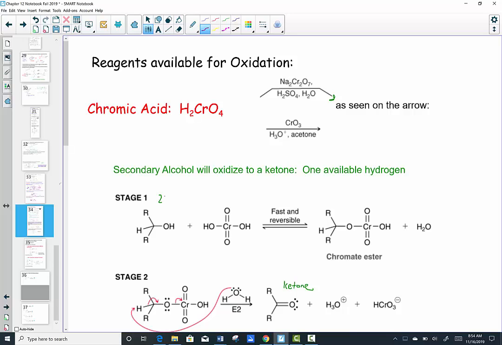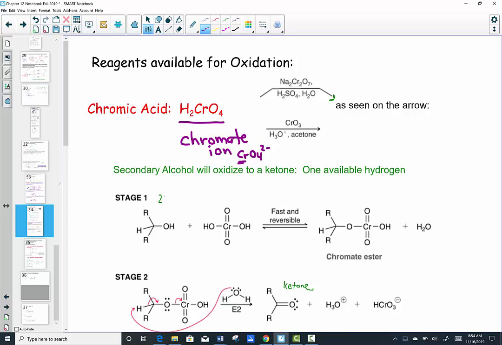The reagents available, we'll talk about 3 of them. The first of the 3 is called chromic acid, H2CrO4. It comes from the polyatomic ion chromate. And when you see the chromium ion here, which is CrO4 2 negative, it's this chromium that serves the key role of oxidizing.